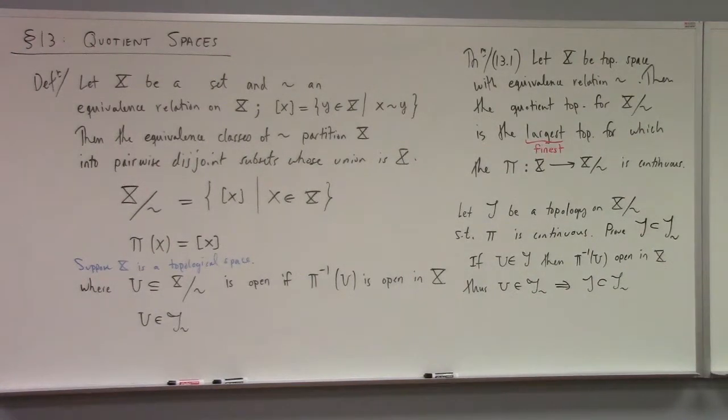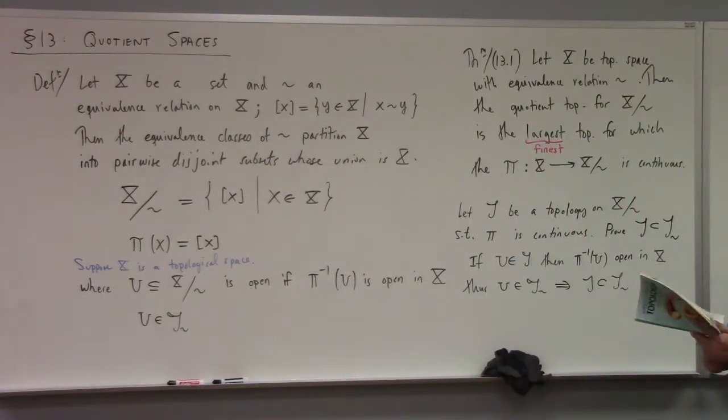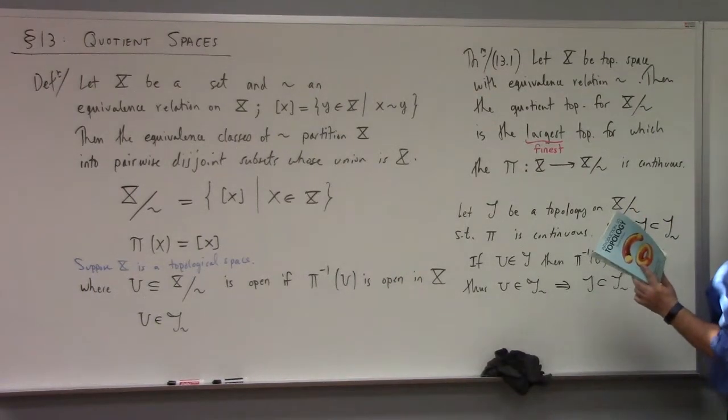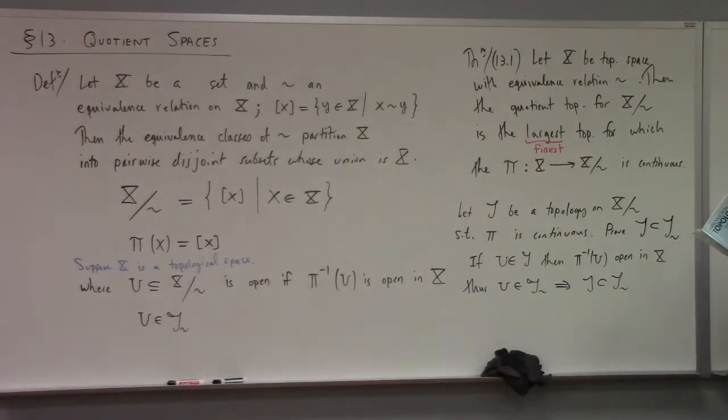So the product topology is the smallest topology for which the projection is continuous. And Theorem 13.2 is analogous to Theorem 12.2, and it says, come on, what does it say? With all the usual bells and whistles here, let pi from X to the quotient set of X by tilde be the projection map.